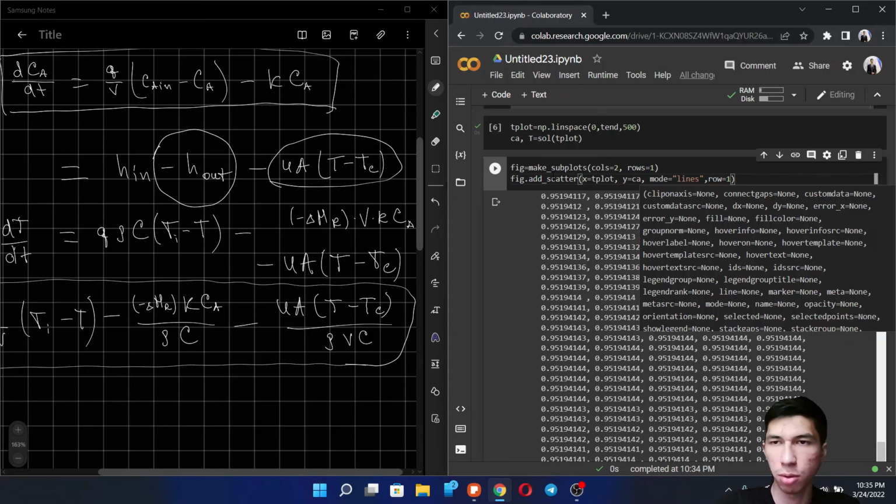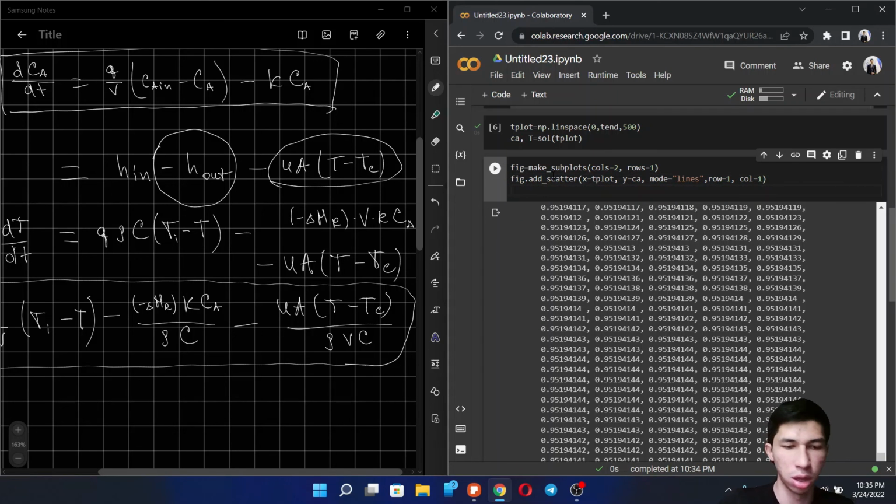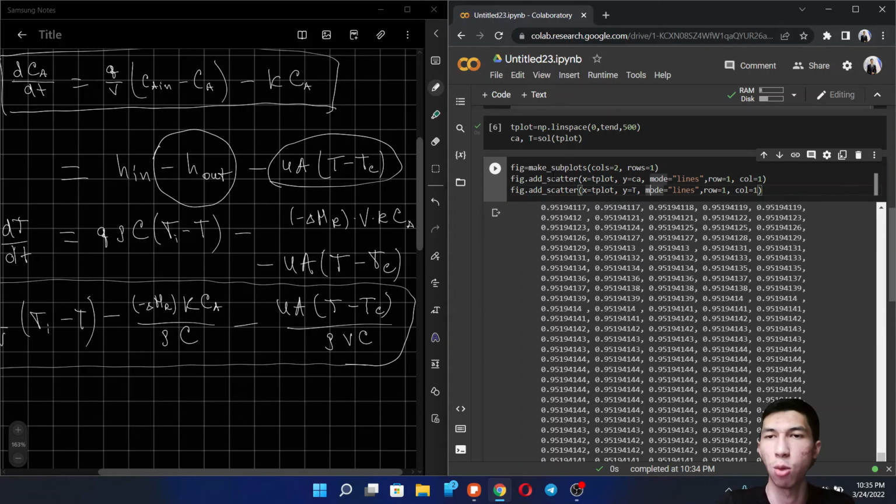So it's going to be row number 1 and column number 1. So let's just copy everything. And for the second plot, it's going to be our temperature values in the y-axis, mode is still going to be lines, and it's still on the first row, but this is going to be in the second column. Okay, let's just run it.